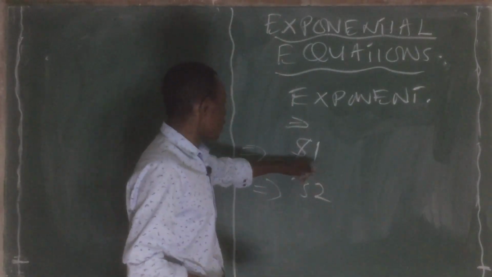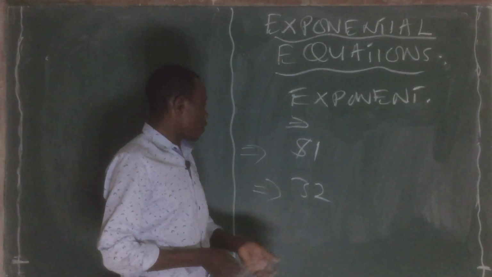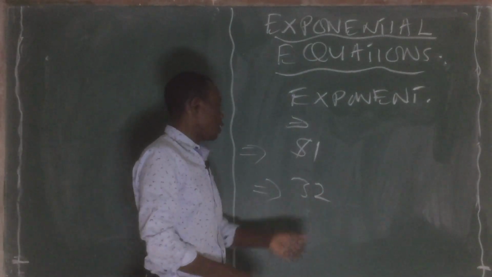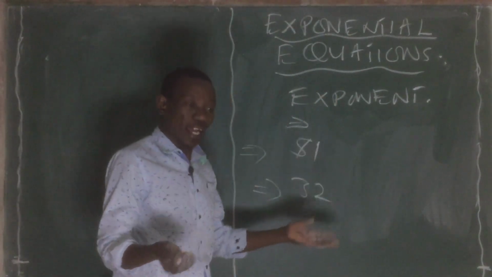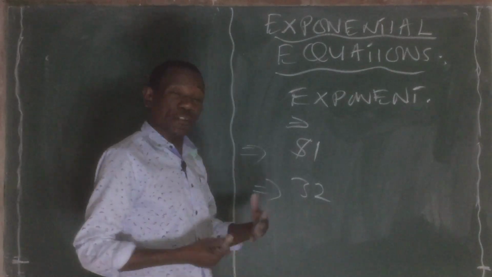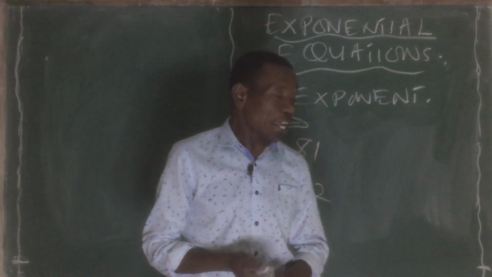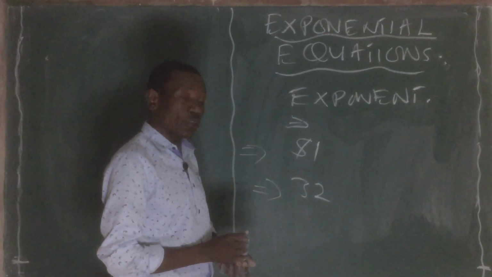For example, you can write 81 in factors of 9, or in factors of 3, and 32 in factors of 2. That is, writing a number in factors which are identical.